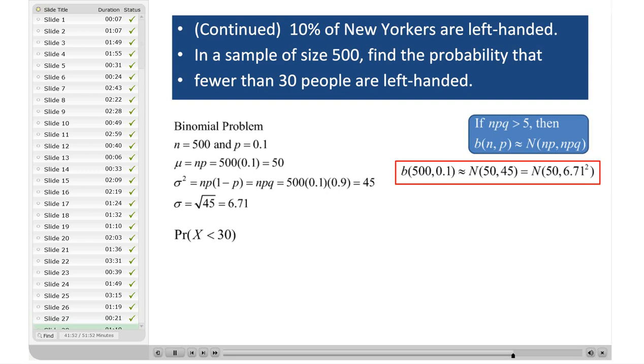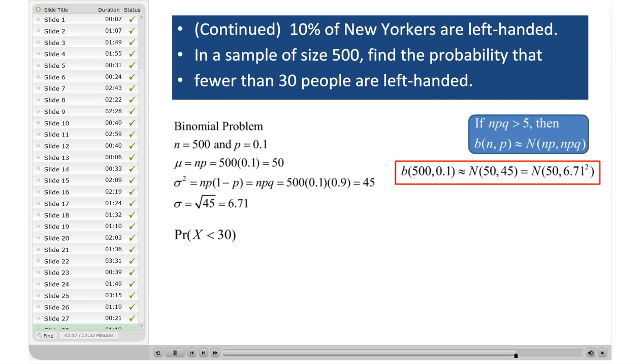Okay, so let's see if this theorem actually applies to the situation that we're in. Well, you have to wonder about whether npq is greater than 5 or not. If you look back to what we did, when we calculated npq, we got 45. So 45 is definitely bigger than 5, and so we are going to be able to use this theorem on this problem.